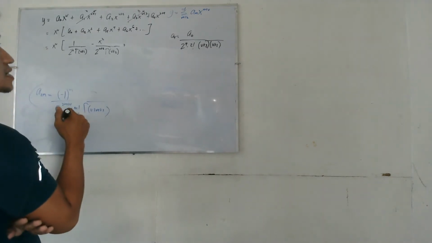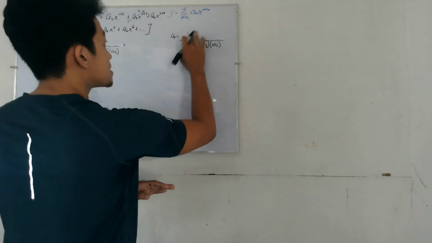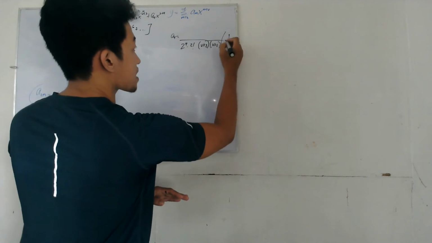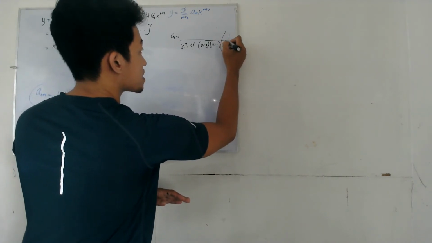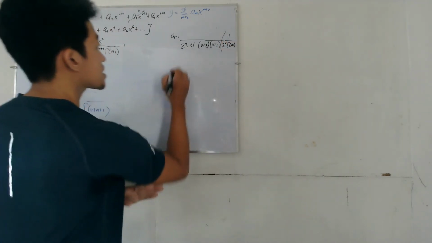And again, multiplyan og a0, 1 over 2^b gamma b plus 1. Okay.